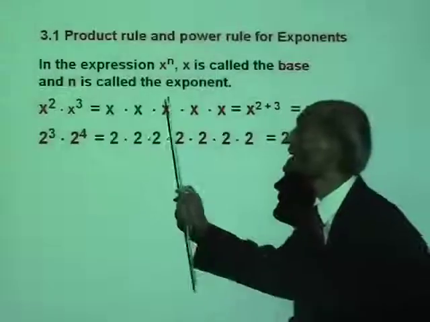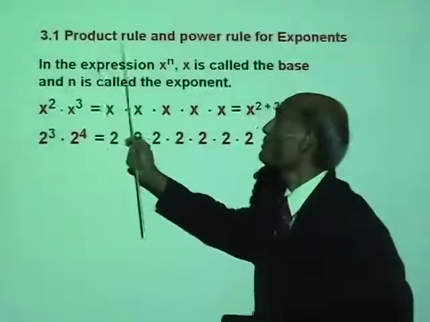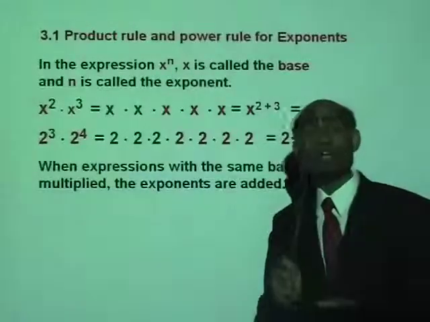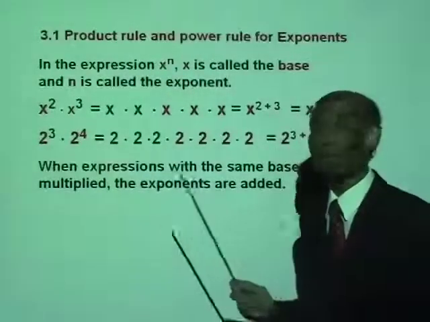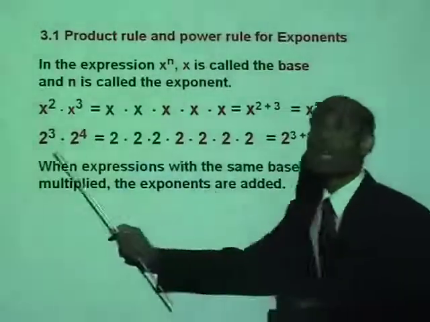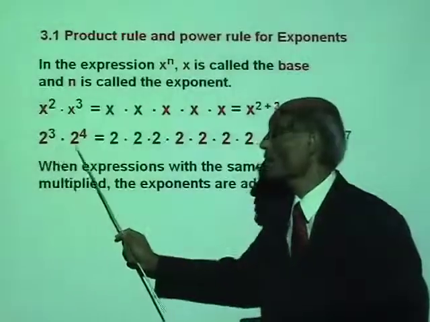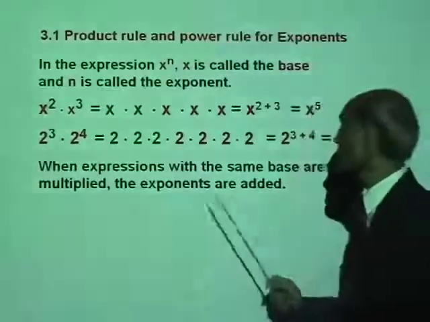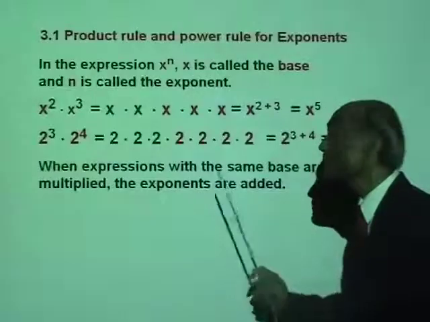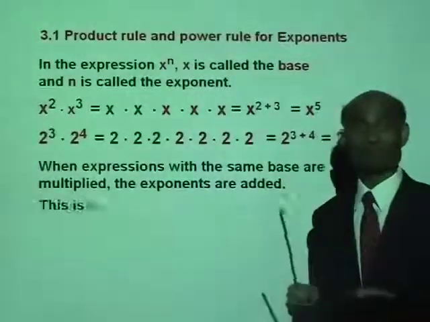Now, this leads us to what is called the product rule for exponents. What is the product rule for exponents? When expressions with the same base, very important to note that, when expressions with the same base are multiplied, the exponents are added.